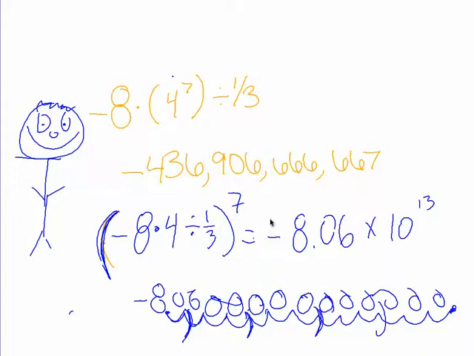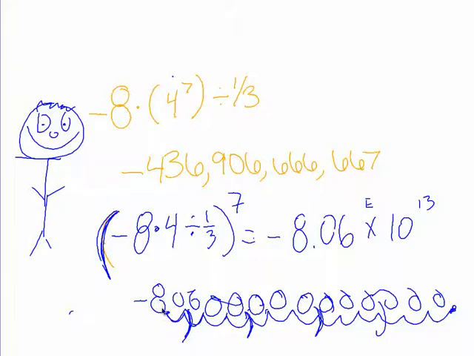And this number is so big that the calculator couldn't show it. And the calculator had -8.06, and then it would say E13. This E simply means times 10 to the 13th power. Well, how small is that?